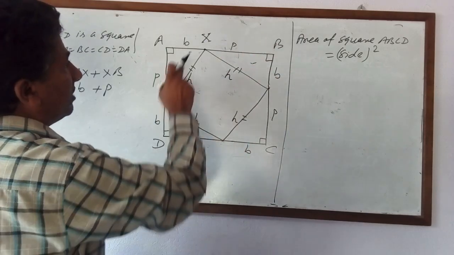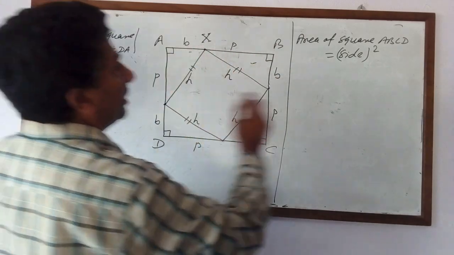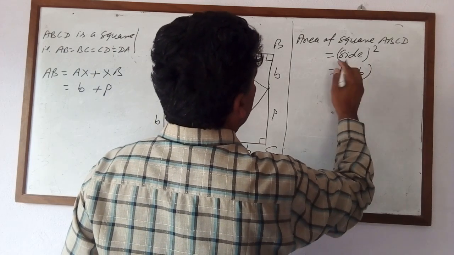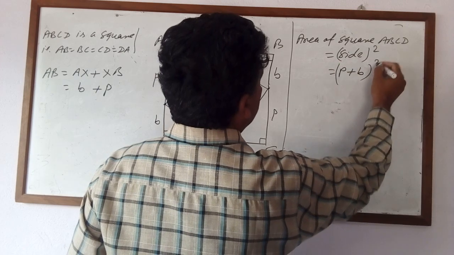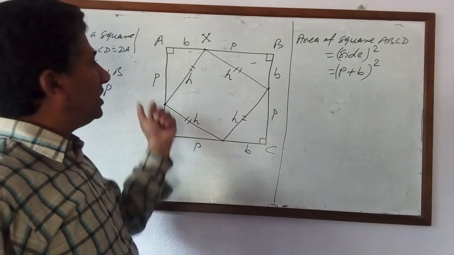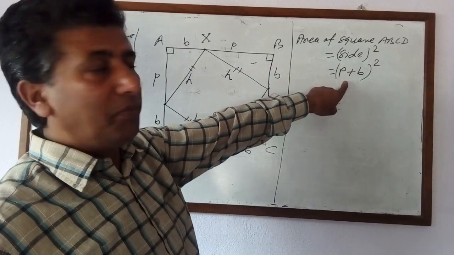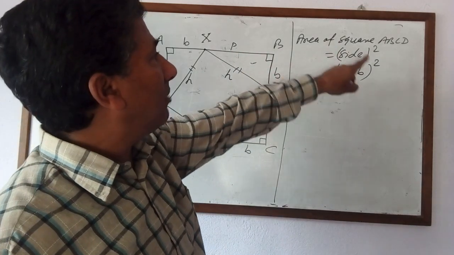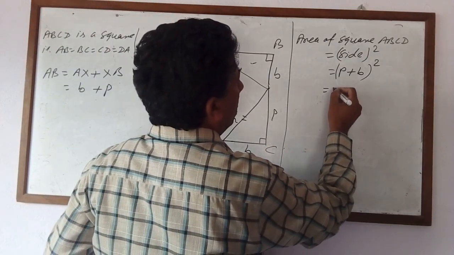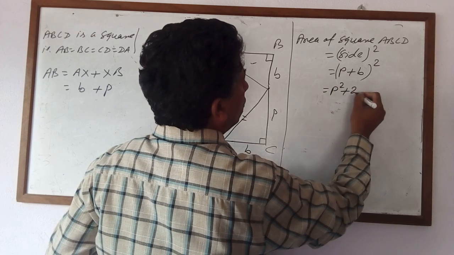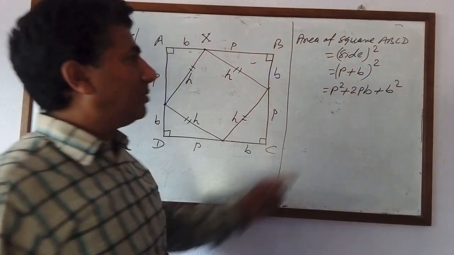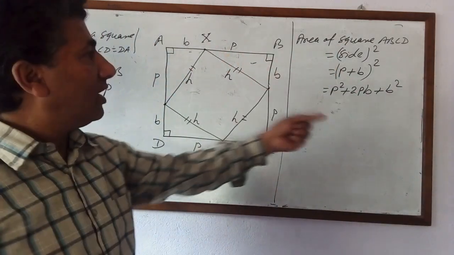The side of ABCD has been divided into two parts, P and B, that is (P plus B) squared. This side AB, BC, CD all have been divided into P and B measurement. That's why the area of square ABCD is (P plus B) whole squared, and it will be P square plus 2PB plus B square by using the (A plus B) whole square formula. Now we found the area of this square.